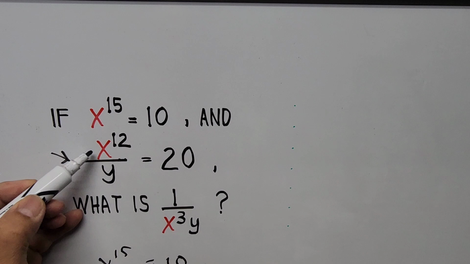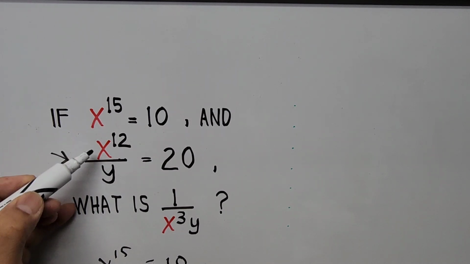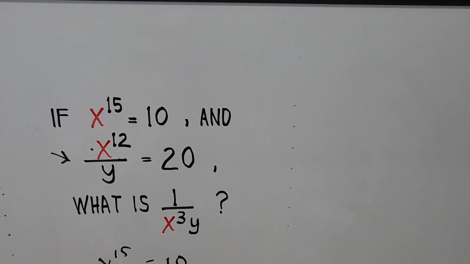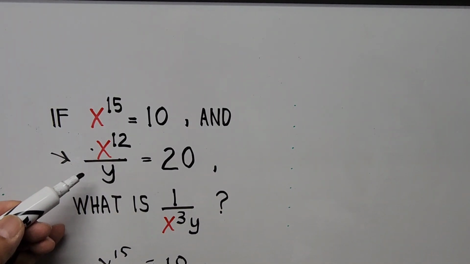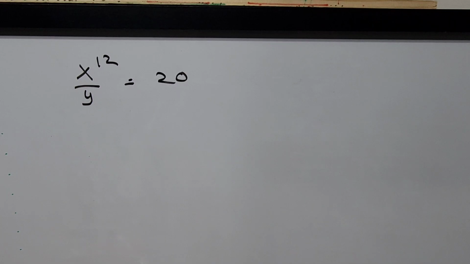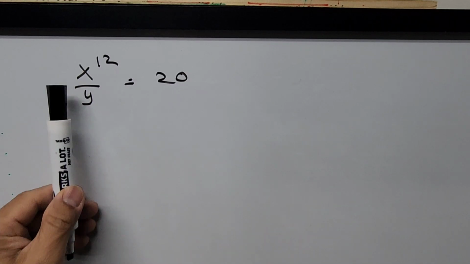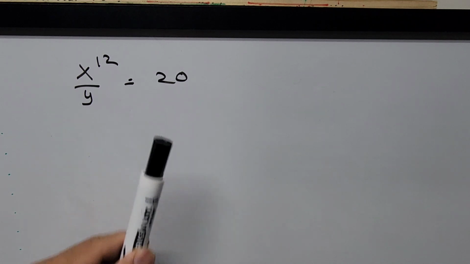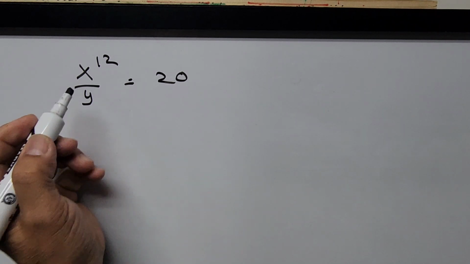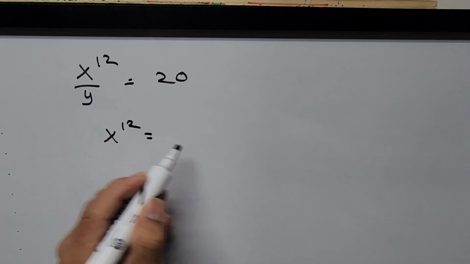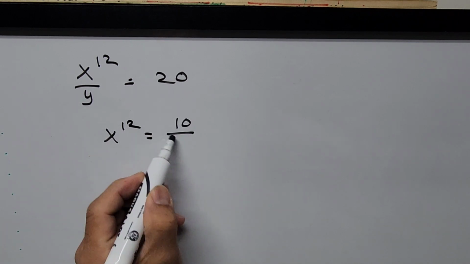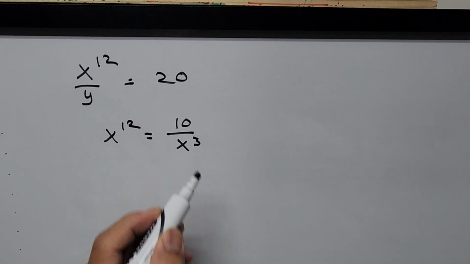We already have the 15 converted to x to the 12. So all we have to do is substitute that value here, considering this is the second equation. So we have here the second equation now: x to the 12th power divided by y equals 20. And we have just found the value of x to the 12, which is 10 divided by x cubed.